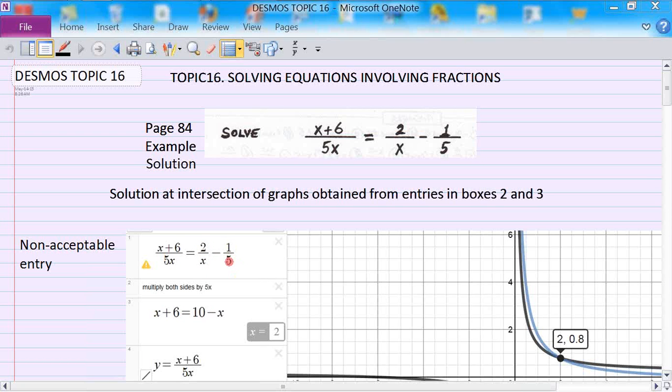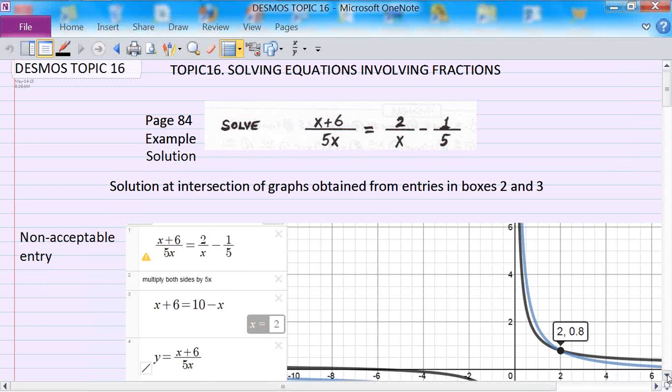And if I multiply this by 5x, I get 5x over 5, and the 5 cancels, and I'm left with minus x. And lo and behold, Desmos is able to solve this and say that the solution to this equation, which is the same as the solution to that equation, is x equal to 2.